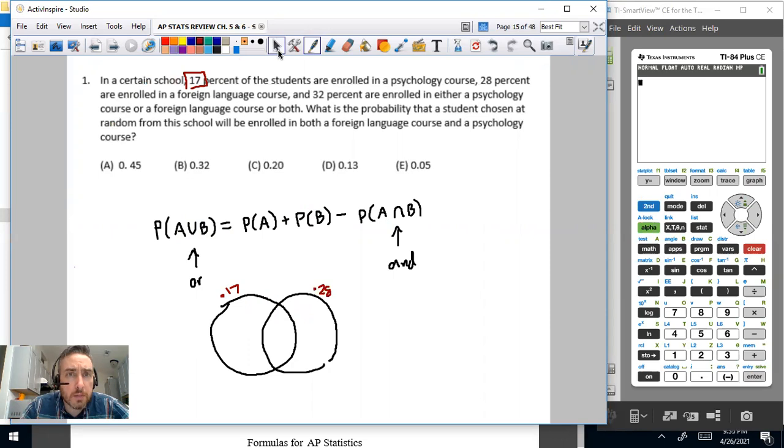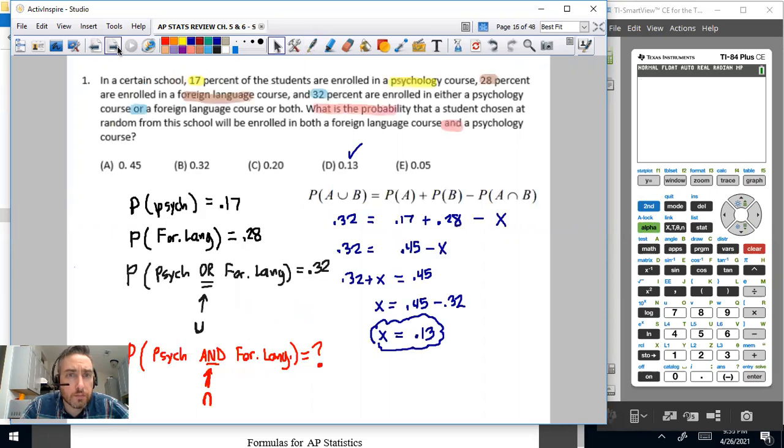All right, here is my solution. I labeled each probability: psychology, 17%, foreign language, 28%, and I have the or at 32%. Now what I did is I just used the formula. I plugged in that 32% here, and I have the individual probabilities at 17% and 28%, and then I don't know the overlap.